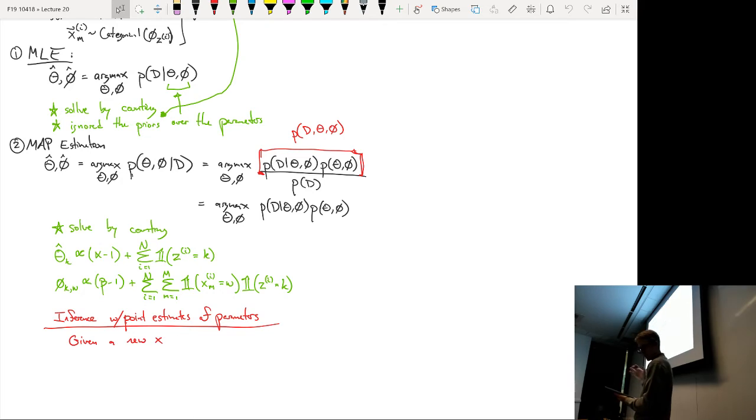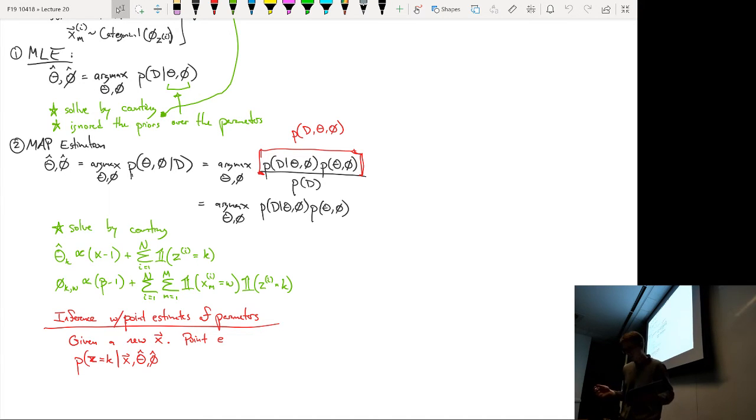Then you can actually estimate the probability of, say, z equaling some particular k, given x and the parameters theta hat and phi hat. Oh, sorry, to be clear here, point estimates refers to the parameters. So point estimates of the parameters would be like the actual vector theta hat and the actual matrix phi hat. That's what we mean by this.